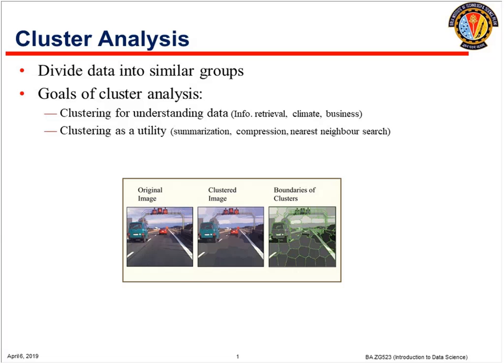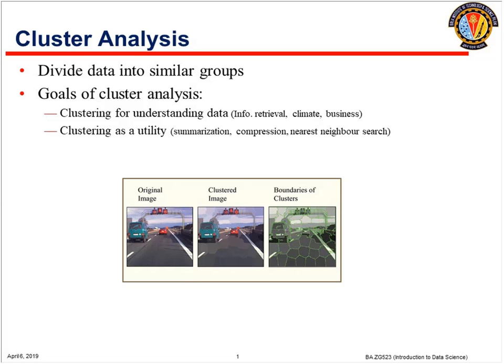Maybe based upon the vegetation, based upon the kind of flora and fauna that are found. Or maybe you want to cluster different countries of the world depending upon certain economic or socio-economic properties. That way you get an idea about the different countries in the world, which are developed, which are underdeveloped, which are developing countries.